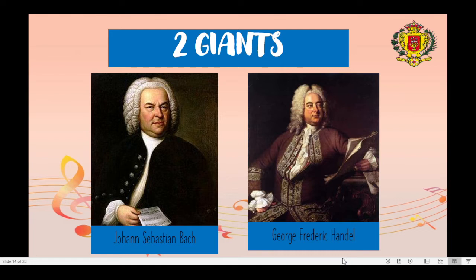Sol, la, si, re, do, mi, re, sol, fa, sol, re, si, sol, la, si, do, re, mi, re, do, si, la, si, sol, fa, sol, la, re, fa, la, do, si, la, si, sol, la, si, re, do, mi, re, sol, fa, sol, re, si, sol, la, si, mi, re, do, si, la, sol, re, sol, fa, sol. That's my favorite solfeggio part from when I was in college. That was created by Johann Sebastian Bach.